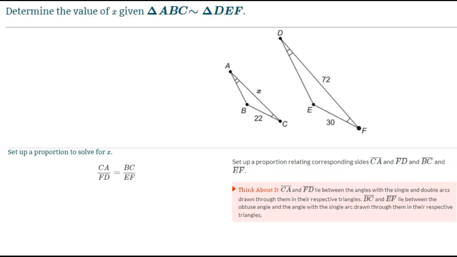We're going to set up the proportion to solve for x. When we solve for x, we have to cross multiply. So we're going to say that CA corresponds with FD, which is equal to BC, which corresponds to EF.